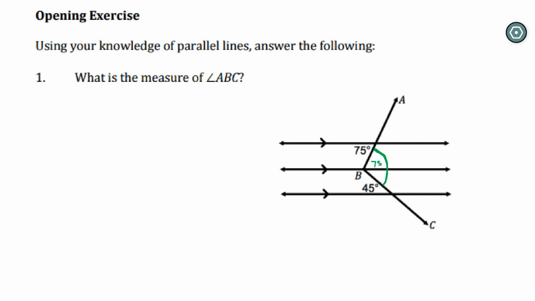If I just look at the bottom 2, that tells me that this angle is 45. Well, if I look at angle ABC, then it is the sum of those 2 smaller angles, 75 and 45. So that tells me that angle ABC is whatever that adds up to. So that'd be 120 degrees.